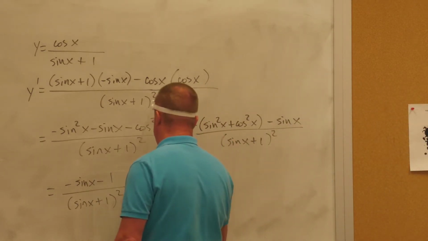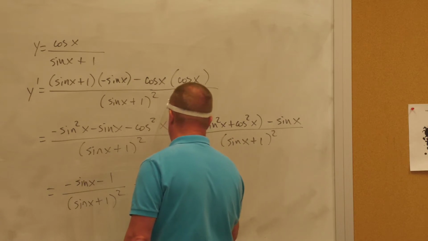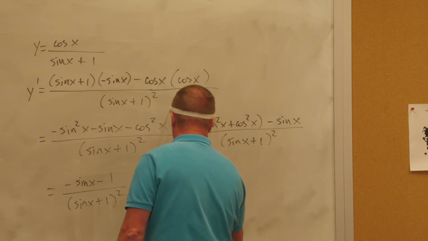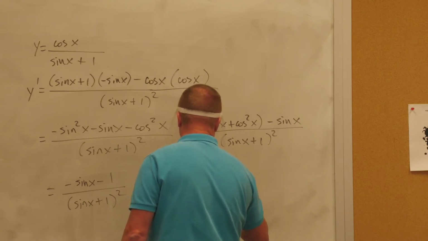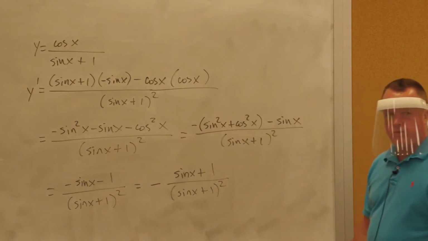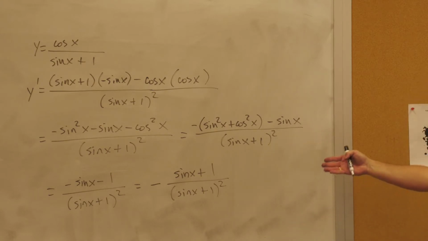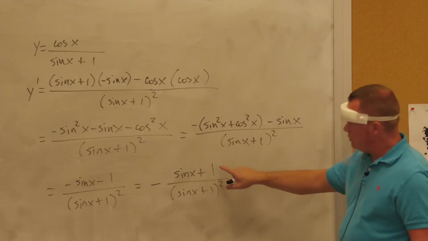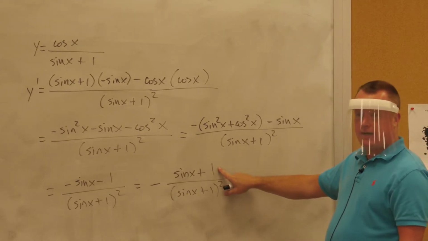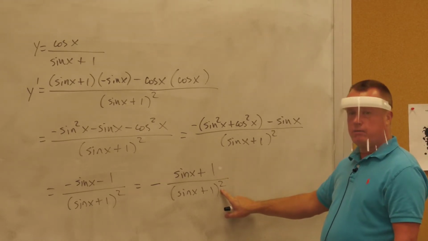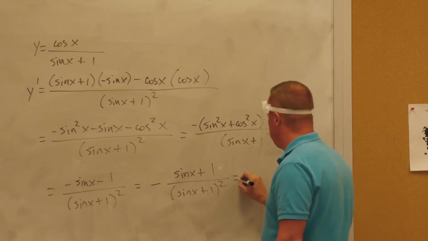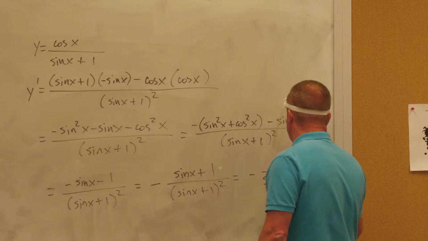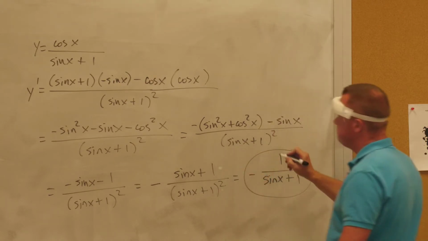I have negative times sine x plus 1 over sine x plus 1 squared. It's helpful because now I have sine x plus 1 and sine x plus 1 squared. So I can cancel the sine x plus 1 on the top with one on the bottom. So I will get negative 1 over sine x plus 1 as the derivative.